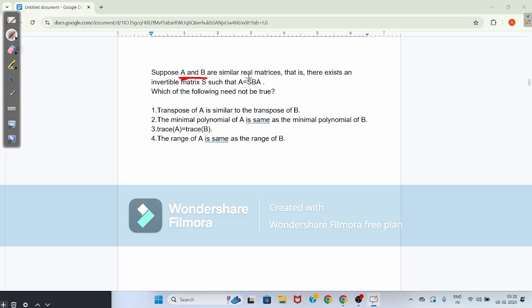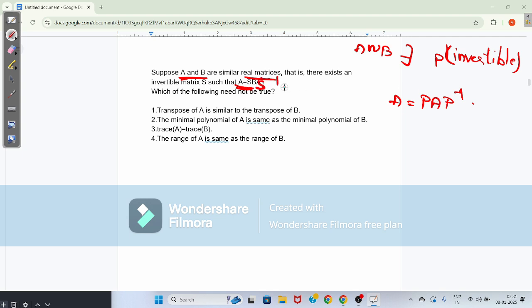A and B are given, these are similar real matrices, that is there exists a P which is invertible such that A is equals to P inverse B P. Okay, here which has been given S value. So this is S inverse.